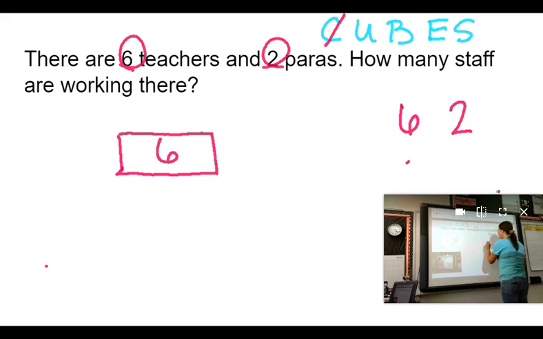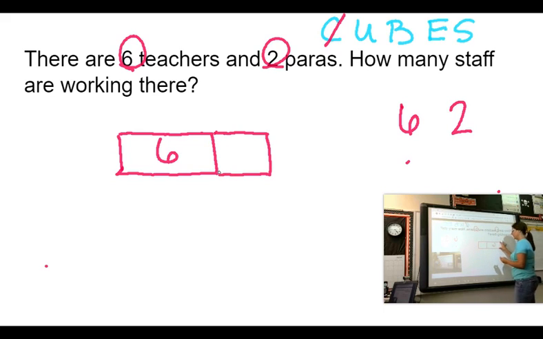So I'm going to draw a rectangle attached to the 6 that is smaller than the 6 rectangle, because we said that the 6 is bigger than the 2, right? And then I'm going to put the number 2 in there, just so I can say that's the number 2. So from now on, that's all we're going to do this week. We're going to circle our numbers.